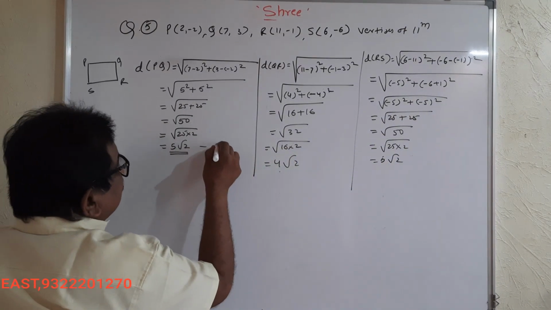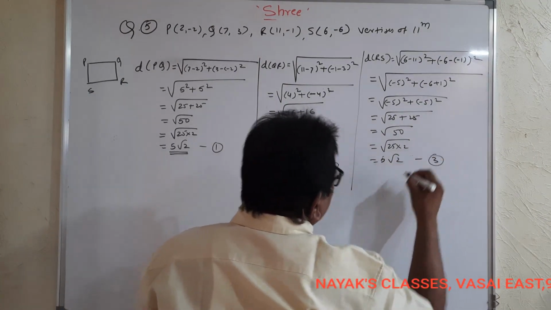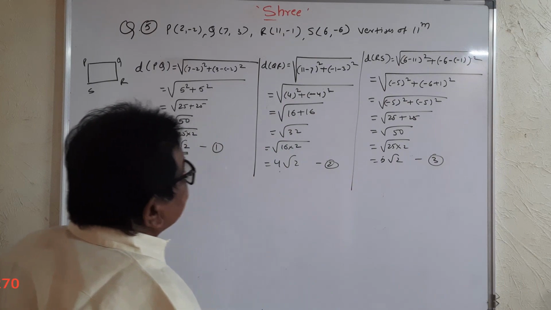So this is 1, this is 2, this is 3, and the remaining is PS.